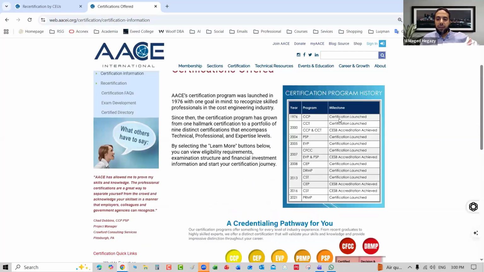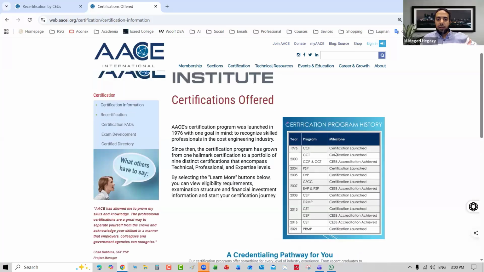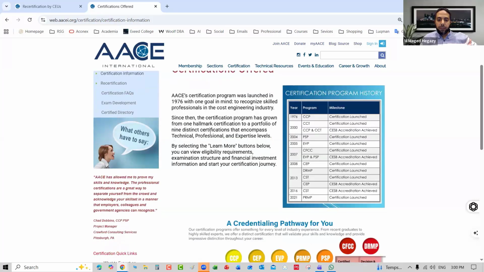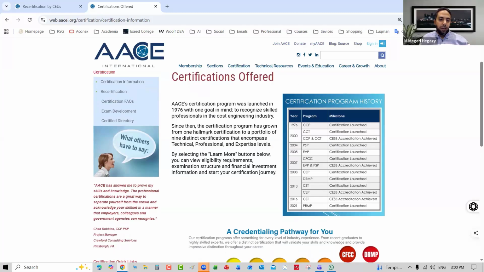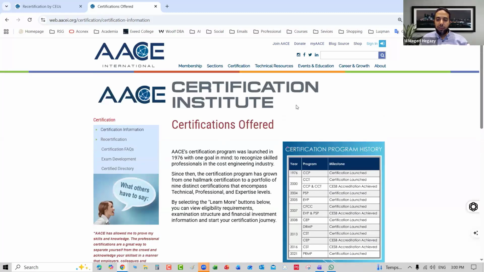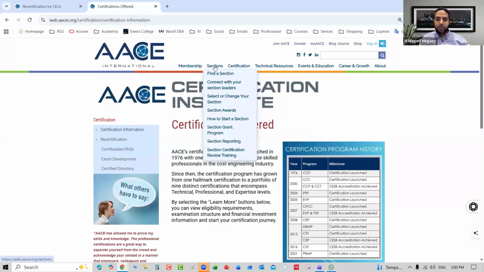And this is the first certification, launched in 1976 and accredited in 2000. So that's why it's the most common and most approached certificate.